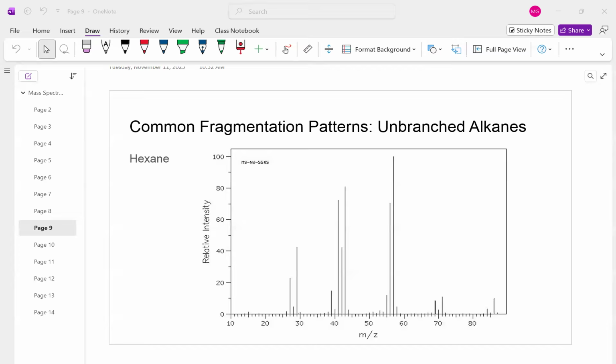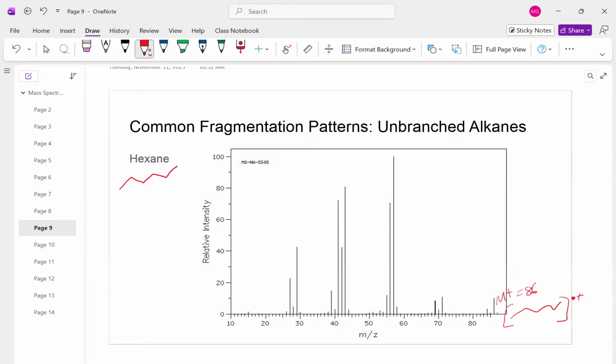So when it comes to alkanes, we'll start off simple and just look at unbranched alkanes. One of the most common types of fragmentation patterns is once the molecular ion is formed. So that's here at about 86. There's our molecular ion, and that's that radical cation that gets formed after an electron is ejected.